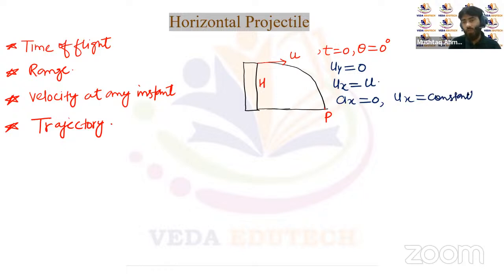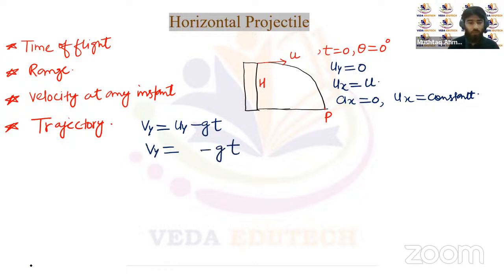If we calculate the vertical component of the velocity at any instant, that will be given by vy = uy minus gt. So at any time, the vertical component of the velocity will be minus gt, which means it will be vertically downwards.